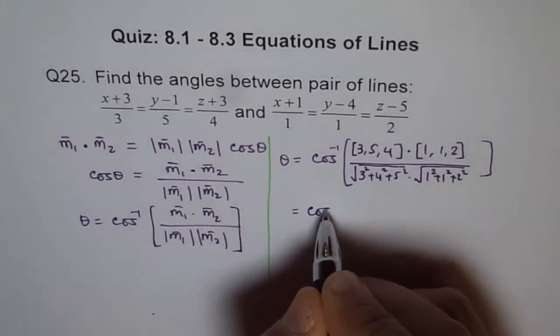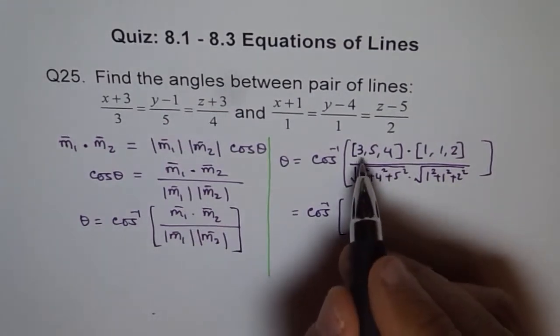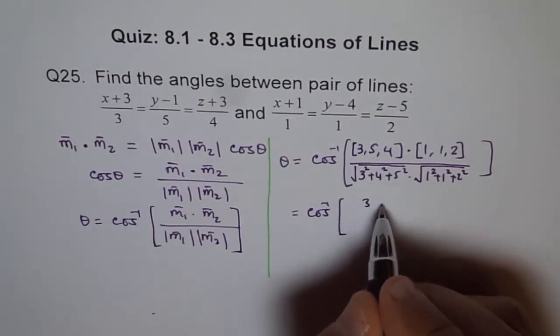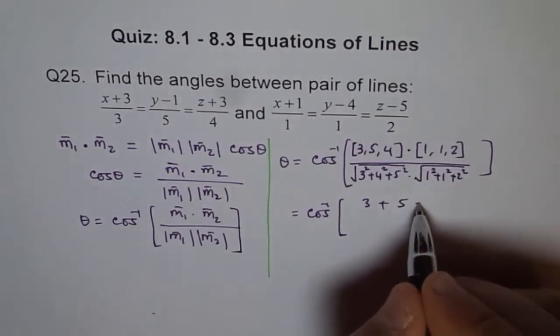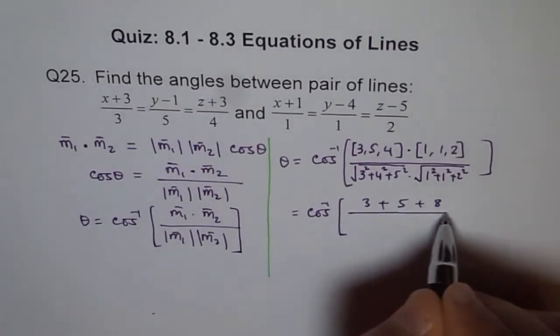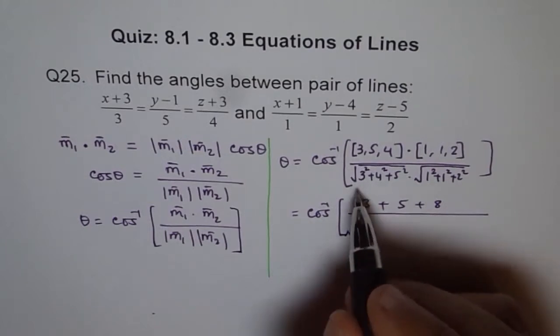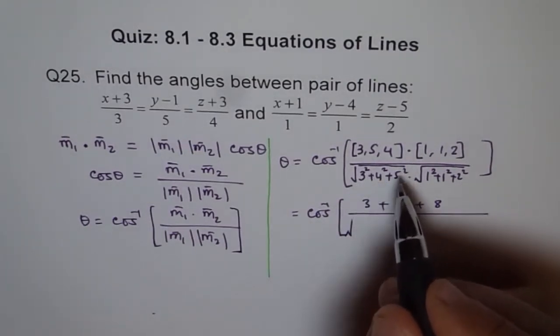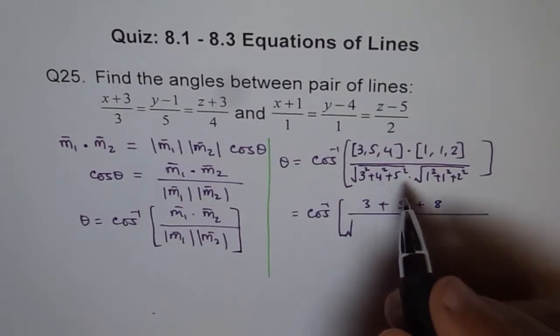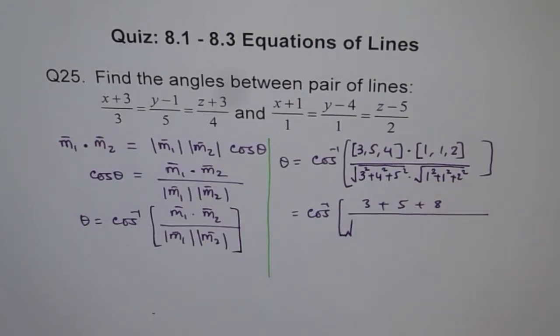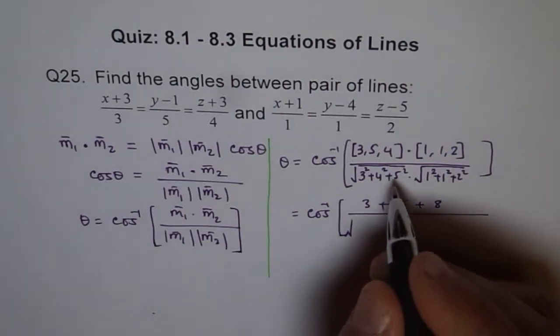So we have cos inverse of 3 times 1 is 3, plus 5 times 1 is 5, 4 times 2 is 8. And in the denominator we have 9 plus 16 plus 25. So 9 plus 16 is 25, and 25 plus 25 is 50.